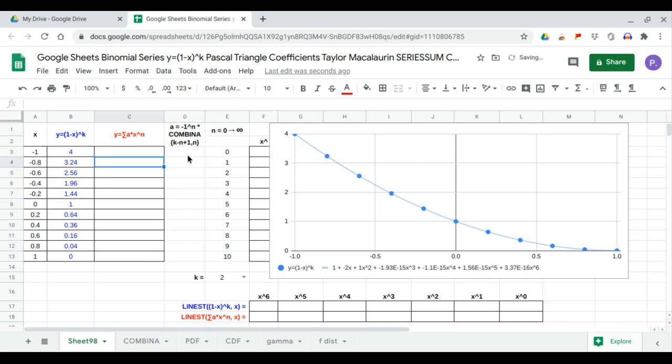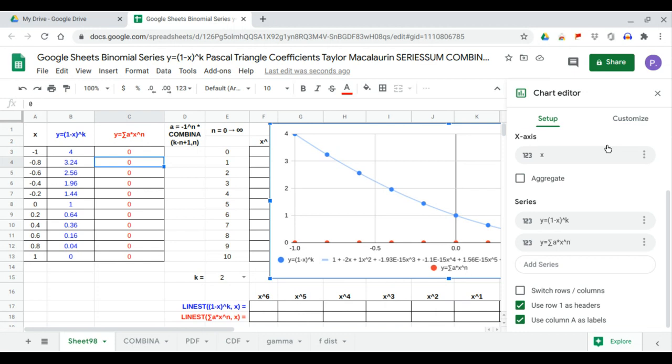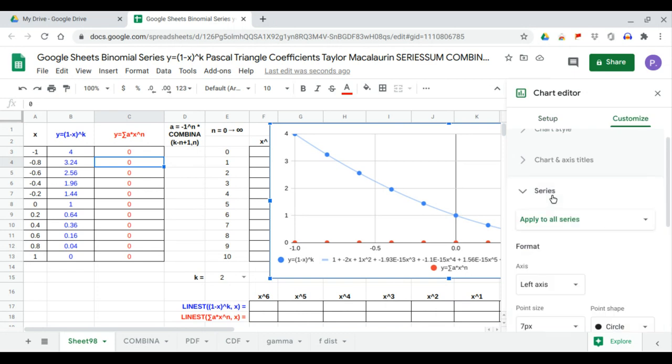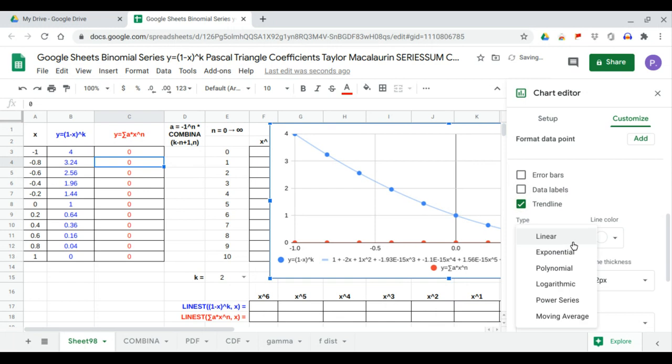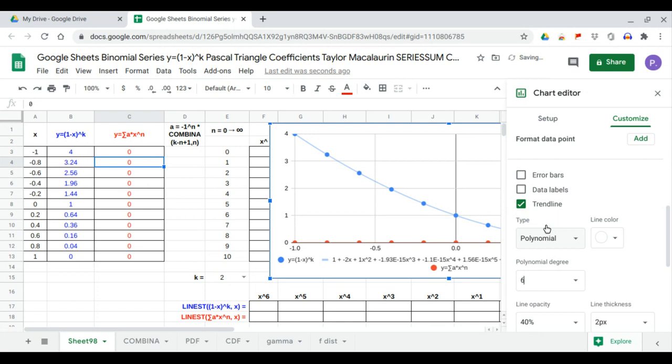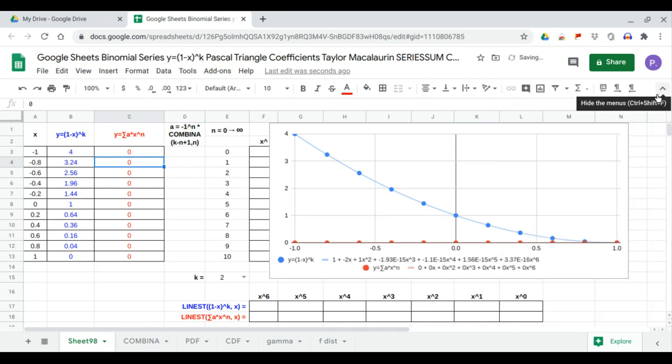Now we can calculate the coefficients. But first we have to make sure that there's an equation here. Our chart will generate the trend line equation. Trend line, polynomial to the power 6. We're almost complete, so we can now complete the coefficient.